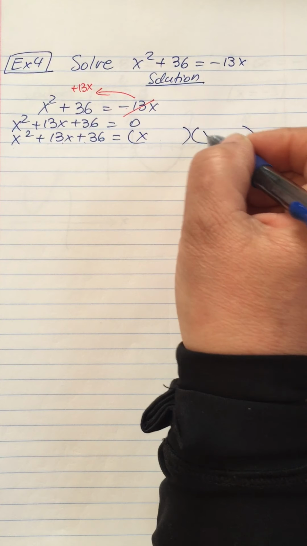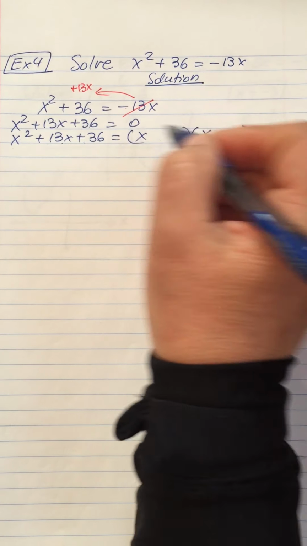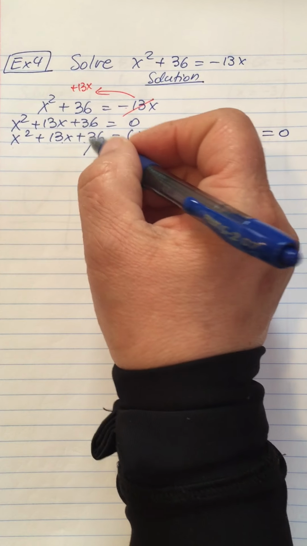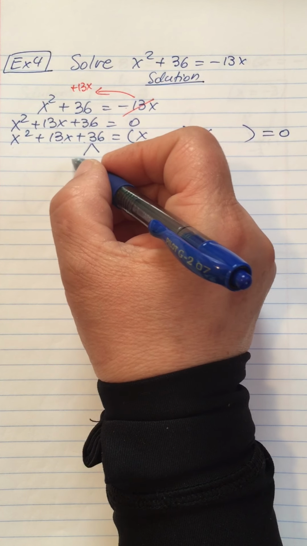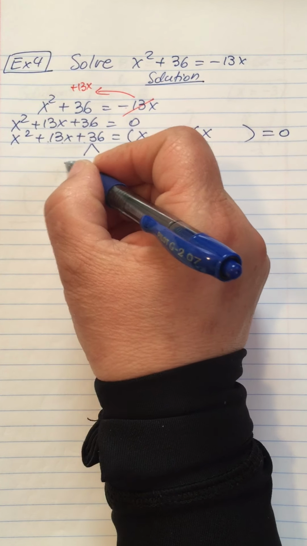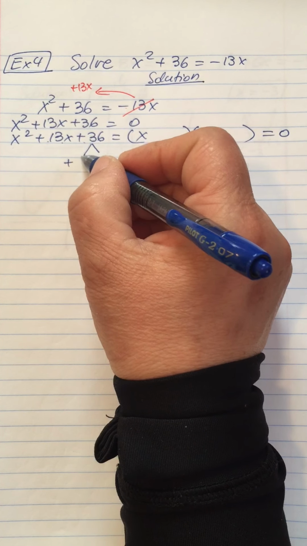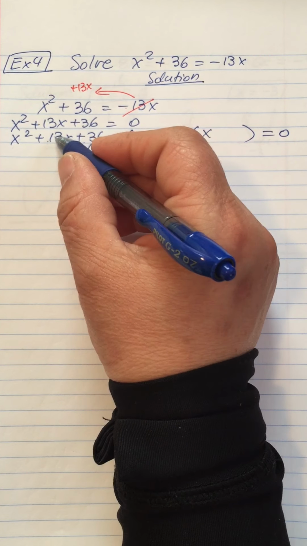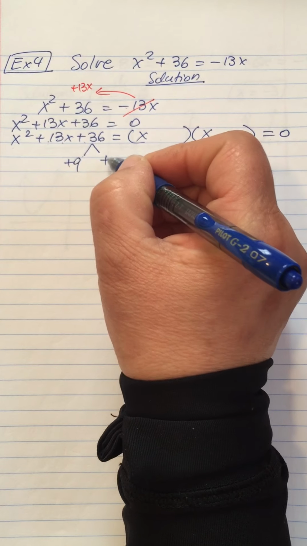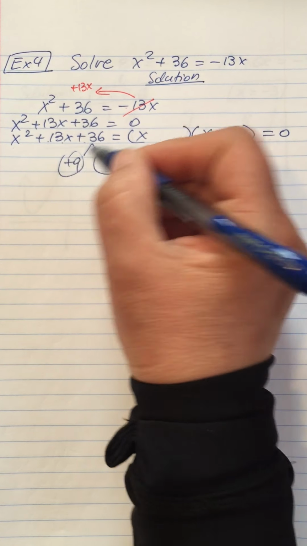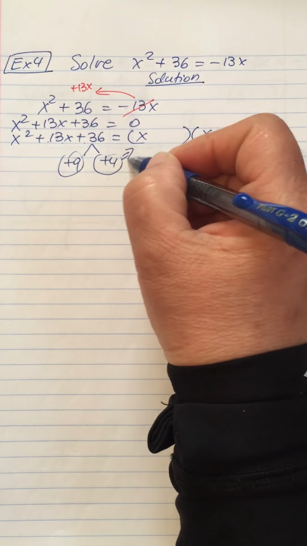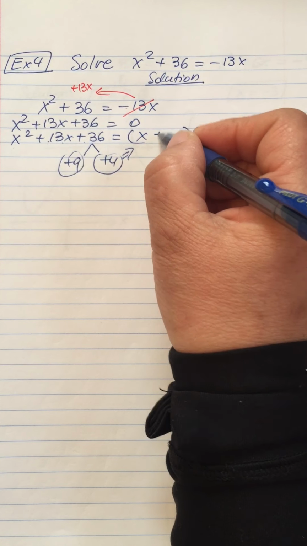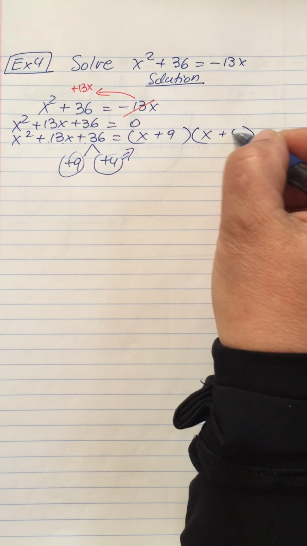I know the first term is easy, x and x, and now I need two numbers, and this positive product means the same sign. Both numbers are positive. So what are the factors of 36 that will give me 13? And they are 9 and 4. And now my job is to put them into the binomials, and I have positive 9, positive 4.